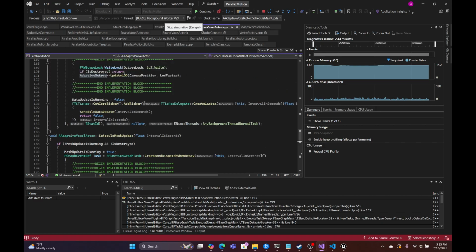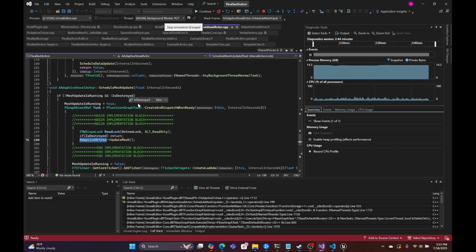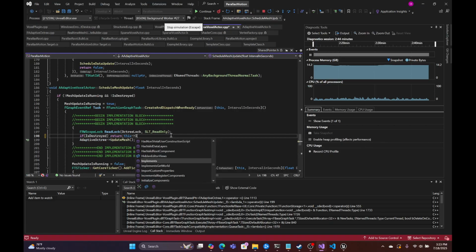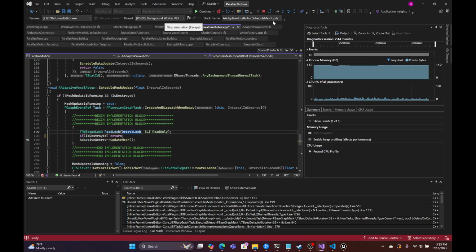How is destroyed calculated? So somehow I feel like this is just bad luck.